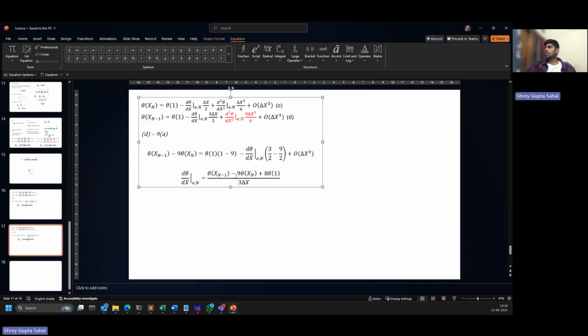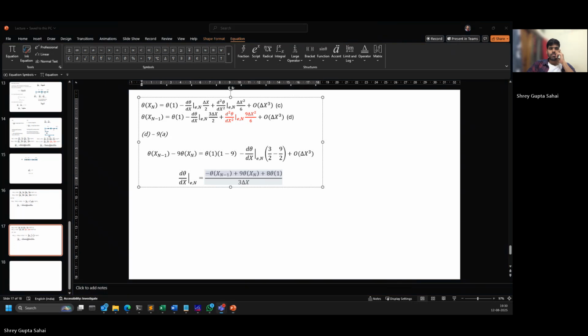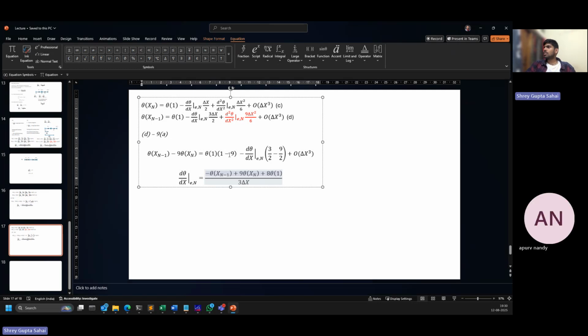In that case, what you have here is theta of I. This is minus 3, so you will get plus, minus, and this will be plus. Minus 8, so it goes to plus.